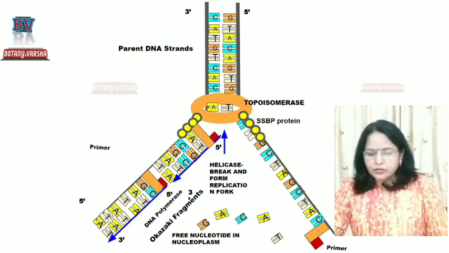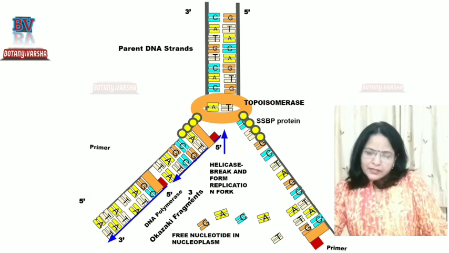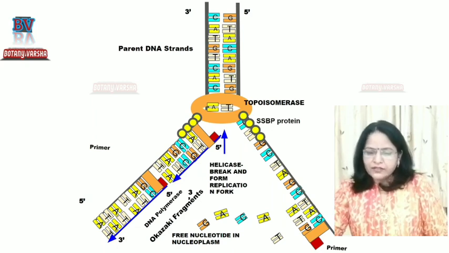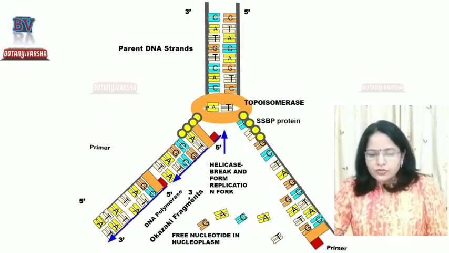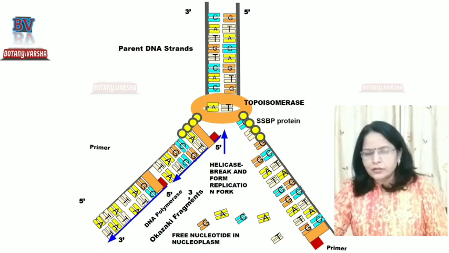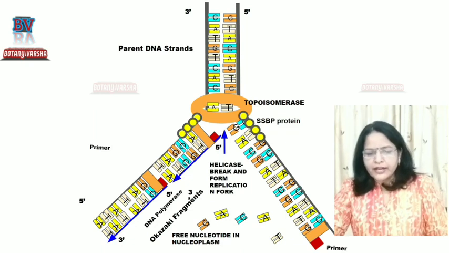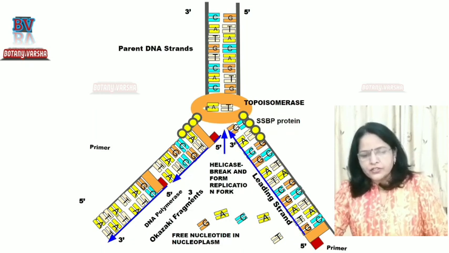And now the base pairing starts again in the same way, purines with pyrimidines, and guanosine attached with cytidine, thymine with adenine, adenine with thymine, guanosine with cytosine. So in this way base pairing is done during this process, and a new strand is produced. This strand is called the leading strand.